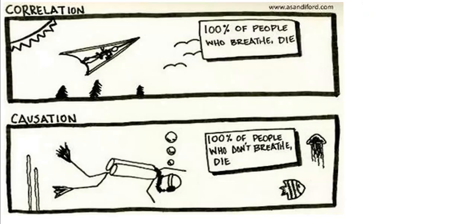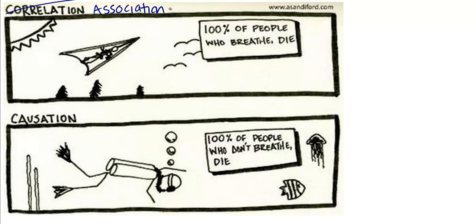This cartoon is a very good example of association versus causation. So this top one where it says correlation, let's just cross that off and say association, since that's the term that we're using at the moment. An association would be 100% of people who breathe die. Causation would be 100% of people who don't breathe die.